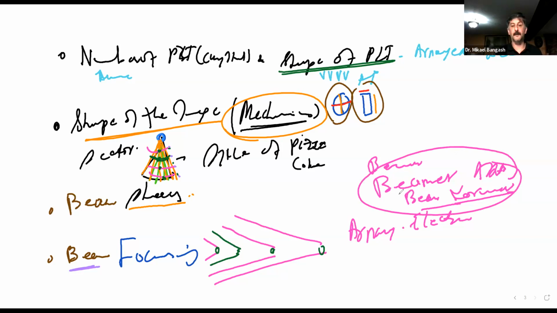Now, when I say I'm forming a beam, let's say I was the beam former. I get a signal or a command from the sonographer. Not a verbal command, but a command in the form of the setting and adjustment on the system. Now, if I'm the beam former, I'm just going to work accordingly and say, you wanted to focus at this point here? Good. I'm forming a beam that focuses at this point.